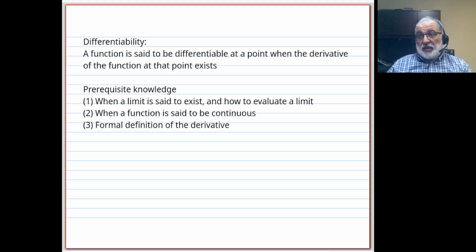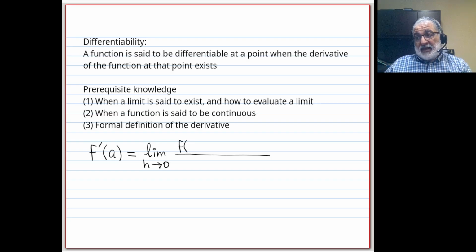What is that? Now, a derivative is defined as follows. f'(a), which is the derivative of the function that we call f at the point where x equals a, is defined as the limit as h approaches 0 of what we call the difference quotient: (f(a + h) - f(a)) / h.